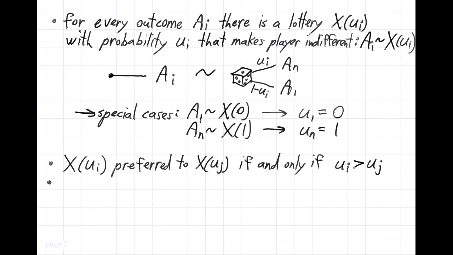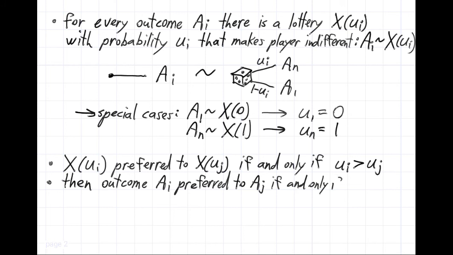If that's the case, then the certain outcome Ai would also be preferred to the certain outcome Aj if and only if Ui is bigger than Uj. And remember, in this context, the U's are the probabilities of the lotteries that make the player indifferent.